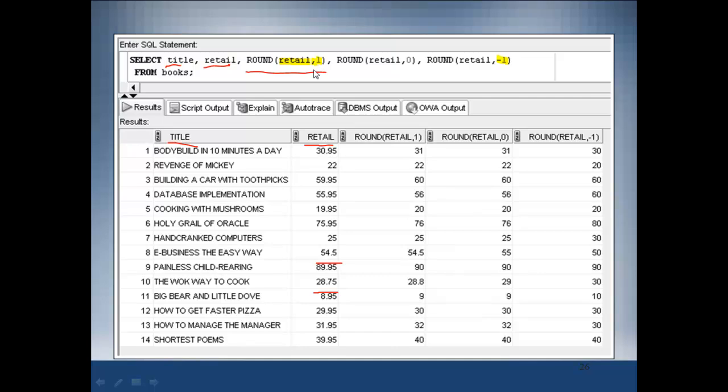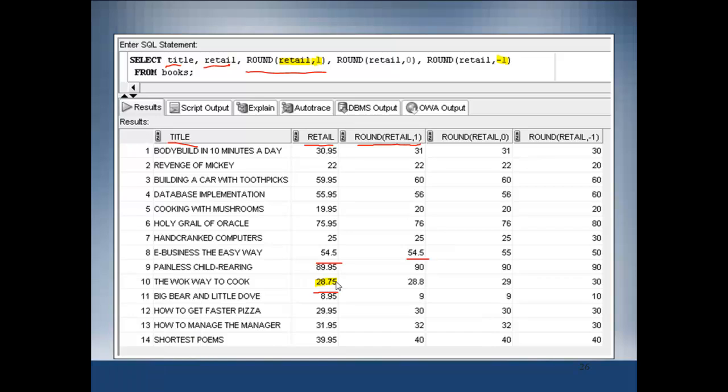The third display column is the round function with a precision of 1. Remember that it's positive, so it rounds the data to the right side of the decimal point. So in this example here, round the retail data to a position of 1, then the 54.5 gets rounded to 1. That stays at 54.5. But look at the 28.75.